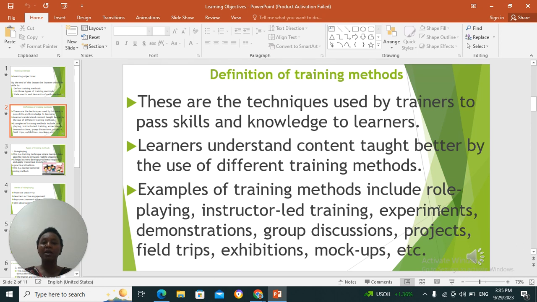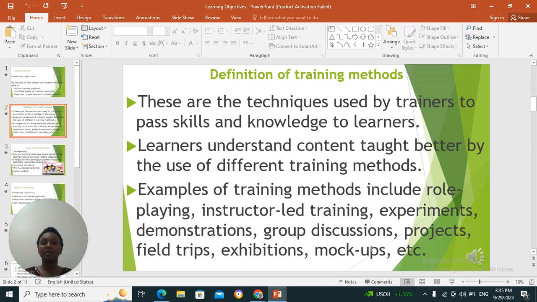So today we are only going to discuss 3 types of training methods, but there are many. We are only going to look at role-playing, instructor-led training, and experiments, but there are others such as demonstrations, group discussions, projects, field trips, exhibitions, mock-ups, etc. Those are not the only types of training methods that a trainer can use.